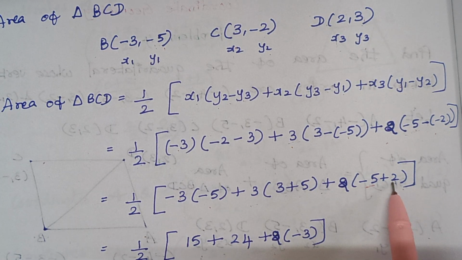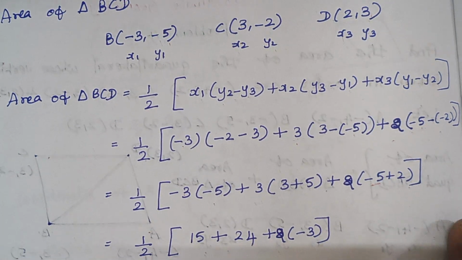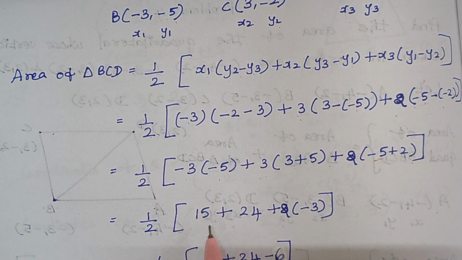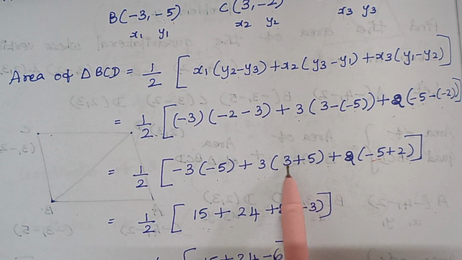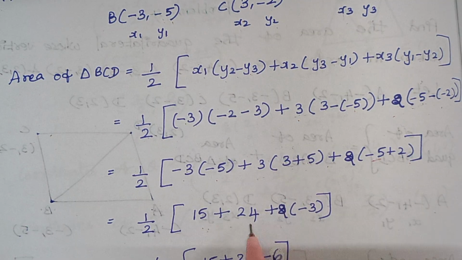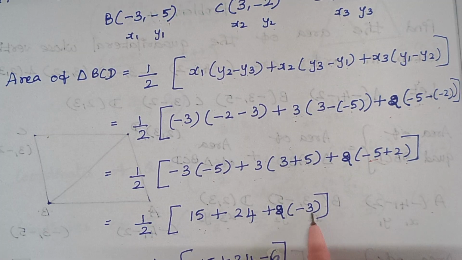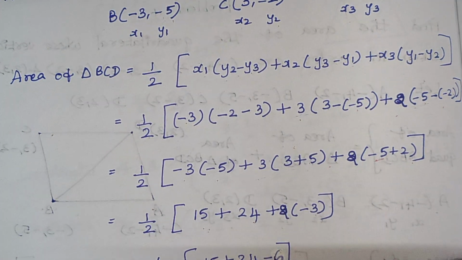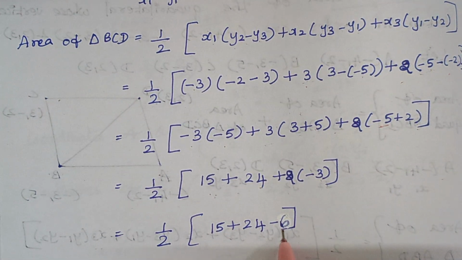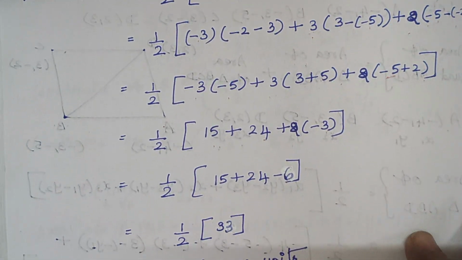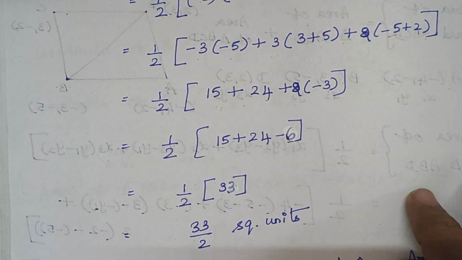Now we are going to further simplify. Half into minus 3 into minus 5 gives 15. 5 plus 3 is 8 and 8 threes are 24. Here minus 5 plus 2 gives minus 3, so minus 3 into 2 gives minus 6. Once you simplify, we got the answer as 33 by 2, right?